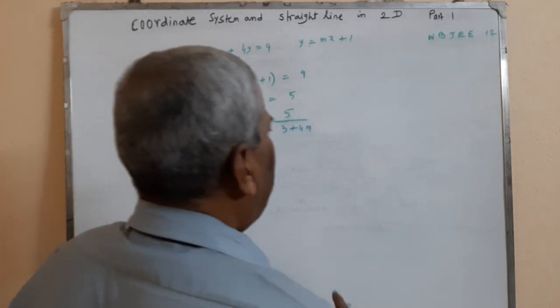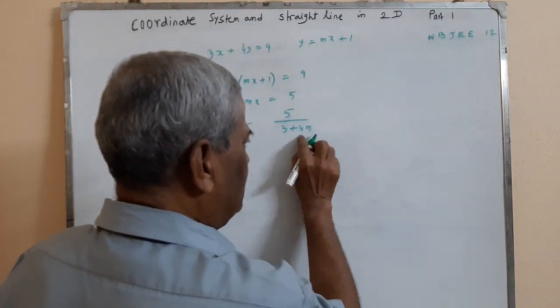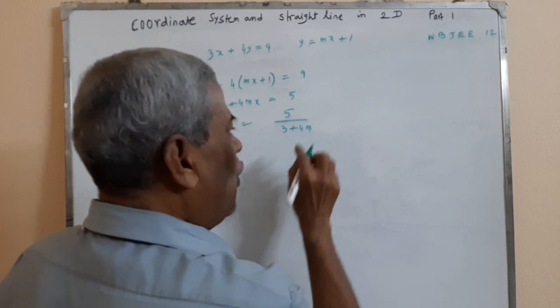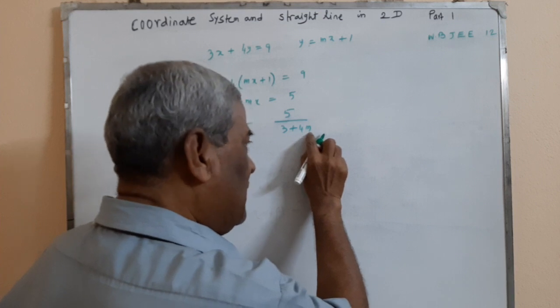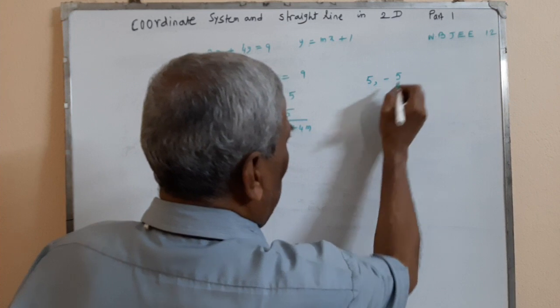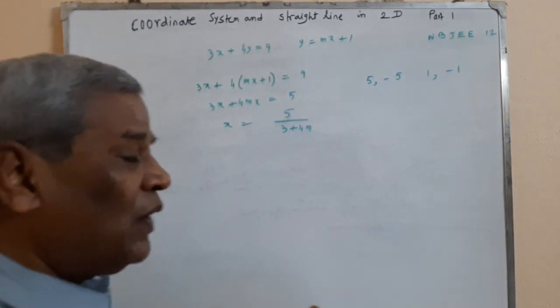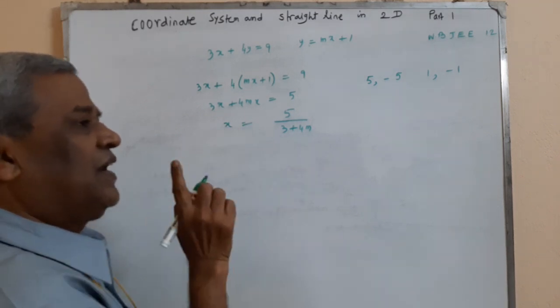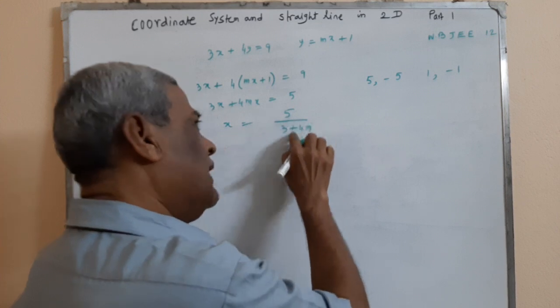Now on trial, you see, if denominator is 5 or minus 5, or if it is 1 and minus 1, then only x will be integer. If this is 5, x is 1, integer.